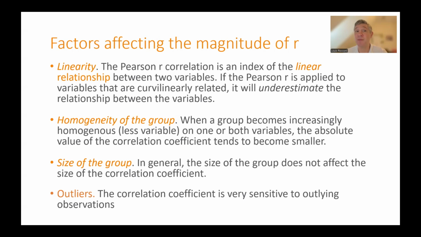When groups become less homogeneous, meaning they're less variable, the correlation coefficient tends to decrease as well. And outliers tend to have a strong effect on the correlation coefficient.